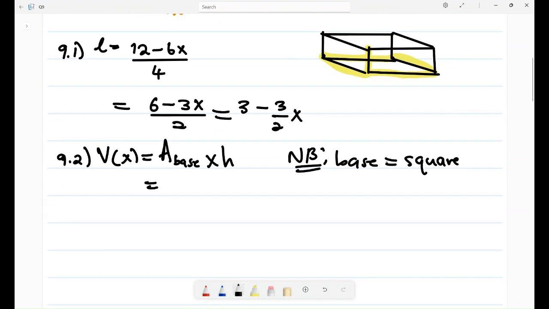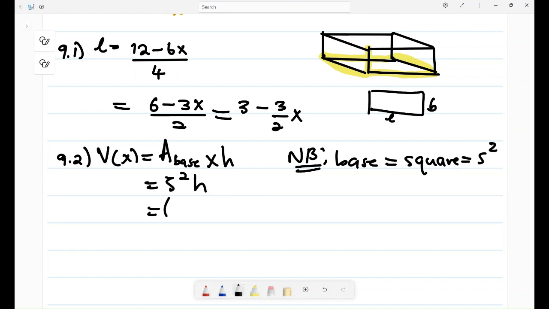Now, what is the area of a square? The area of a square is side squared. For a rectangle, it is length times breadth. Similarly for a square, it is length times breadth, but the length is equal to the breadth in this case, hence s squared. So it's going to be s squared multiplied by the height.